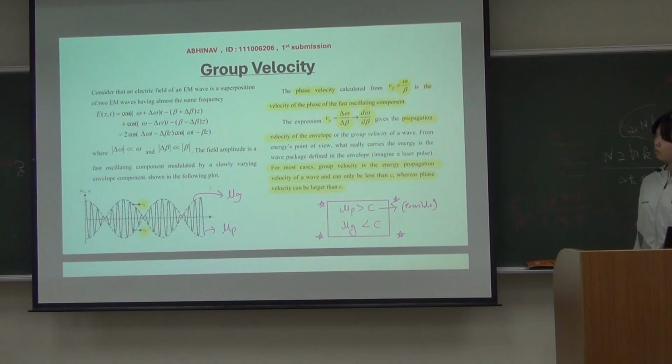But in fact, when we deal with a laser pulse, it can be like this. And you will require some Fourier technique to produce this. You have to synthesize a lot of frequencies into this.